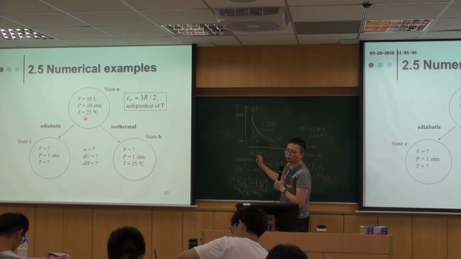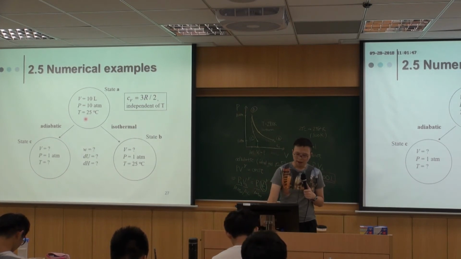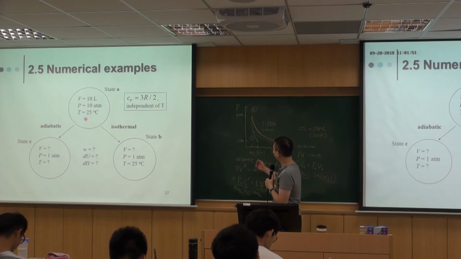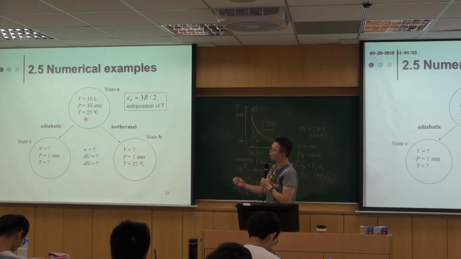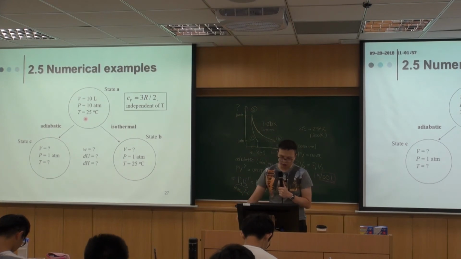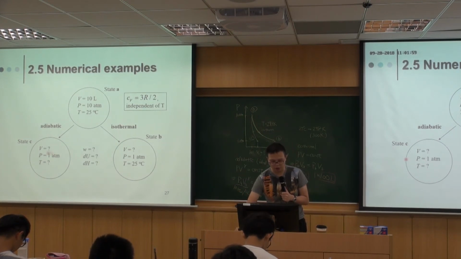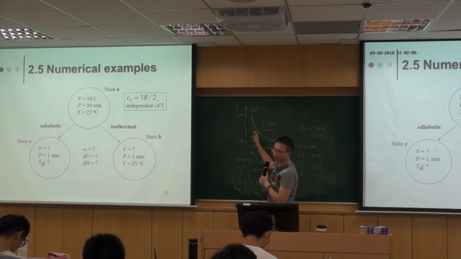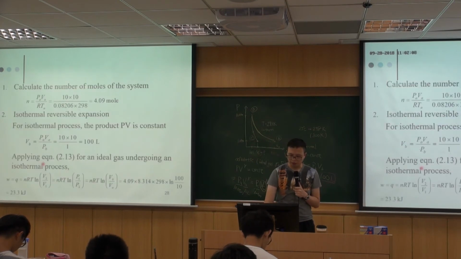And next we want to figure out VC. And once you know VB and VC, then you can start to think about other constants. For instance, what will be the temperature of the final state C when we start from A to C.